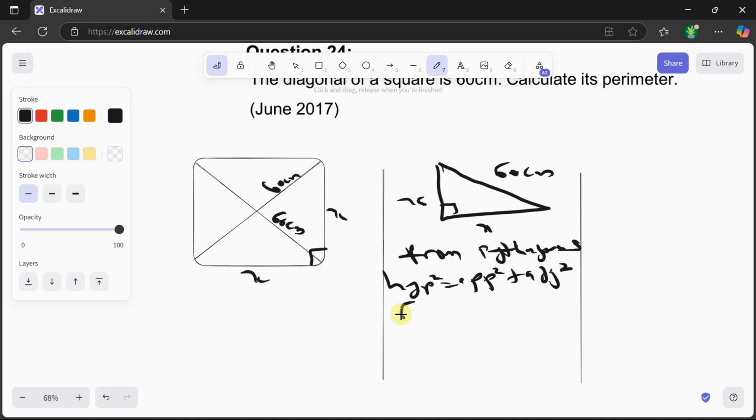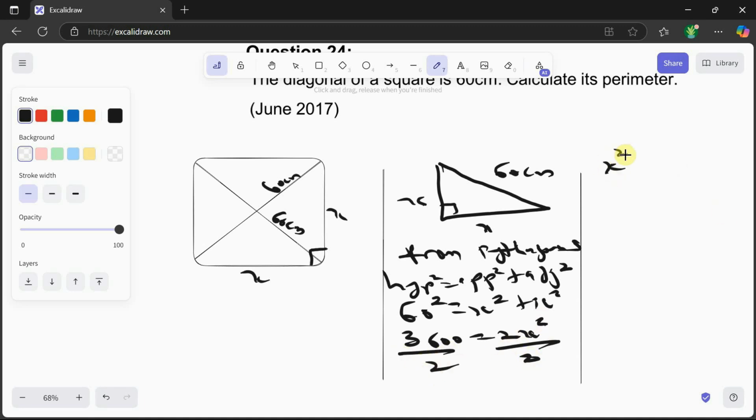So that will be 60 squared is equal to x squared plus x squared. So 3600 is equal to 2x squared. If I divide both sides by 2, x squared is equal to 1800. If I take the square root of 1800, that will give me x to be 30 root 2.